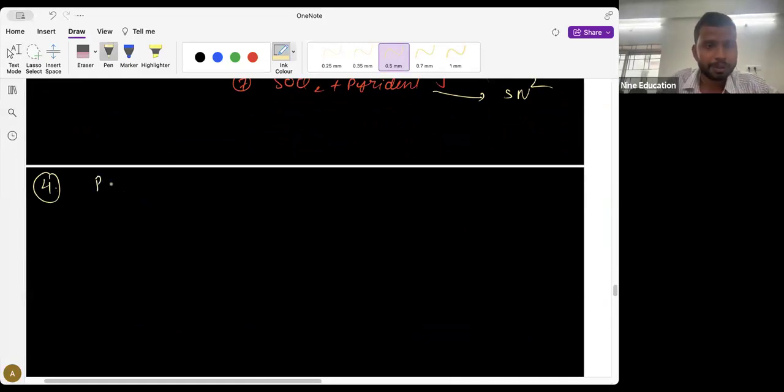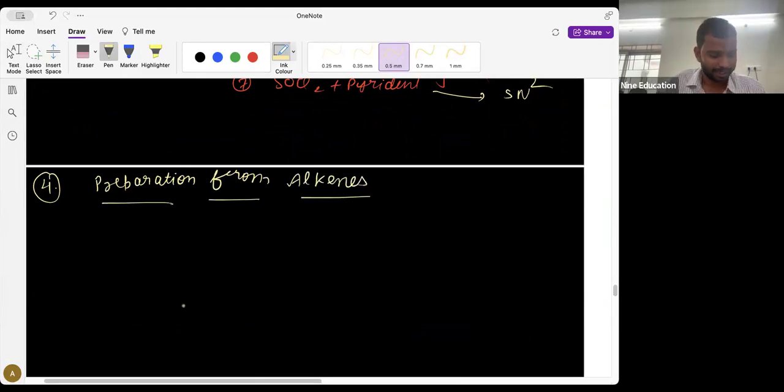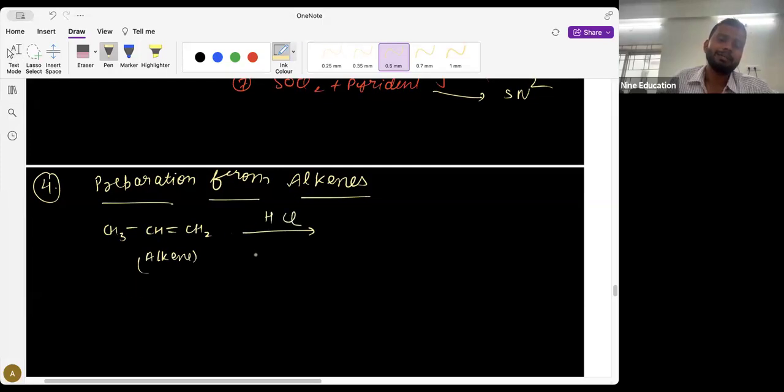Now we will see preparation from alkenes. If I want to prepare my alkyl halides from alkenes, let's see, if we have CH3CH=CH2 and I put HCl into this alkene, HCl is an acid.